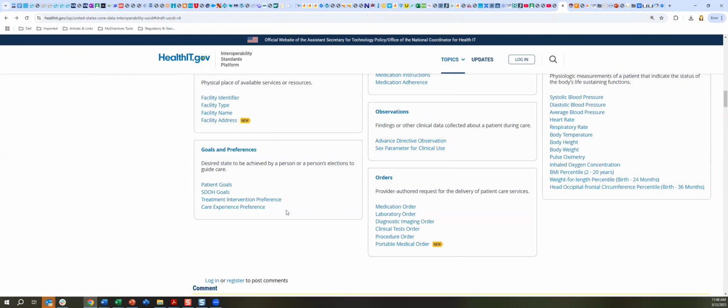If someone expressed a treatment intervention preference or a care experience preference, I could see purpose of capture really being informative to the receiving clinician.